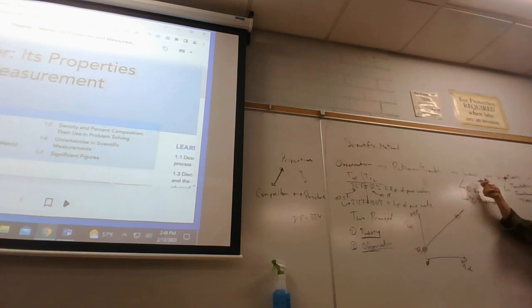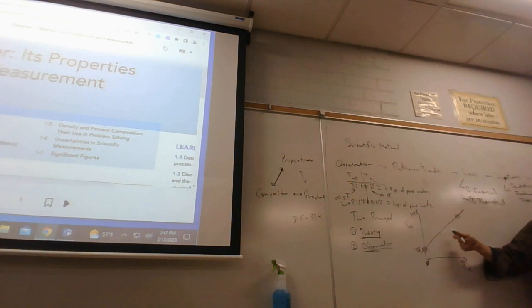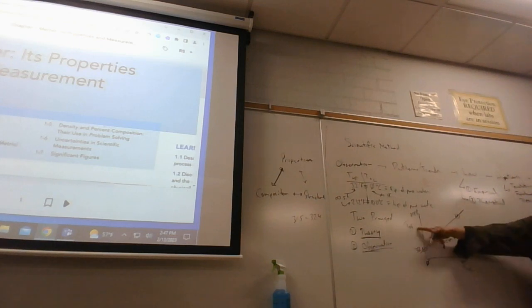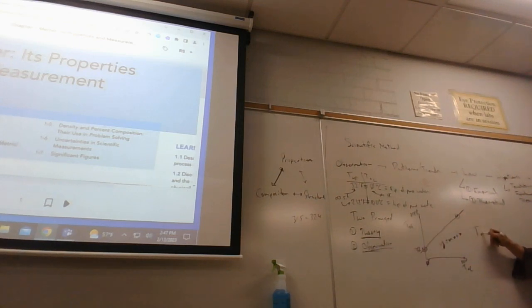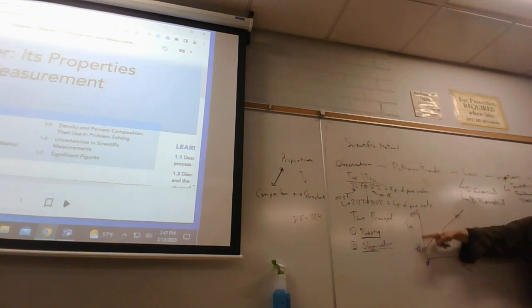Now, a law is just a simple mathematical equation defining this pattern here. So if I have a straight line, then a straight line fits the mathematical equation y equals mx plus b. So y is the temperature in degrees Fahrenheit. So the temperature in degrees Fahrenheit is equal to m, the slope. The slope is going to be delta y.